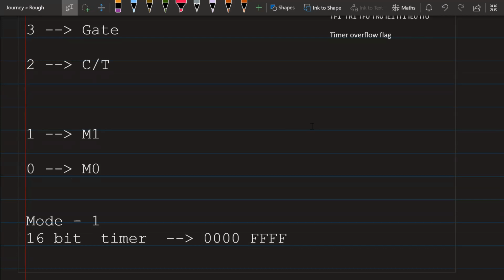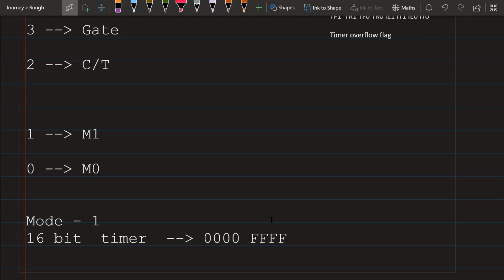So the basic timer idea is how long it takes to reach that maximum value. If I want a 1 millisecond delay, I load the initial value as the maximum minus the number of counts I require for 1 millisecond. So your counter will count from that initial value to the maximum. Are you getting the idea?